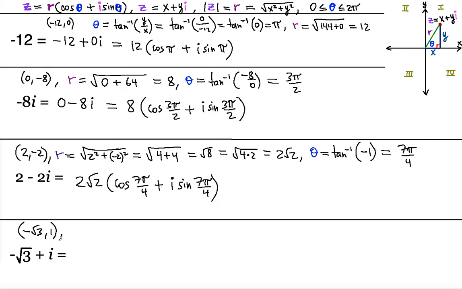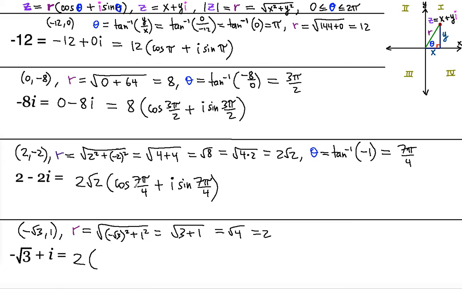So now the modulus r is going to be the sum of the squares square rooted, right? So negative radical 3 squared plus 1 squared. So that gives us 3 plus 1, which is radical 4, which is 2. So we can write it as 2 and then times.